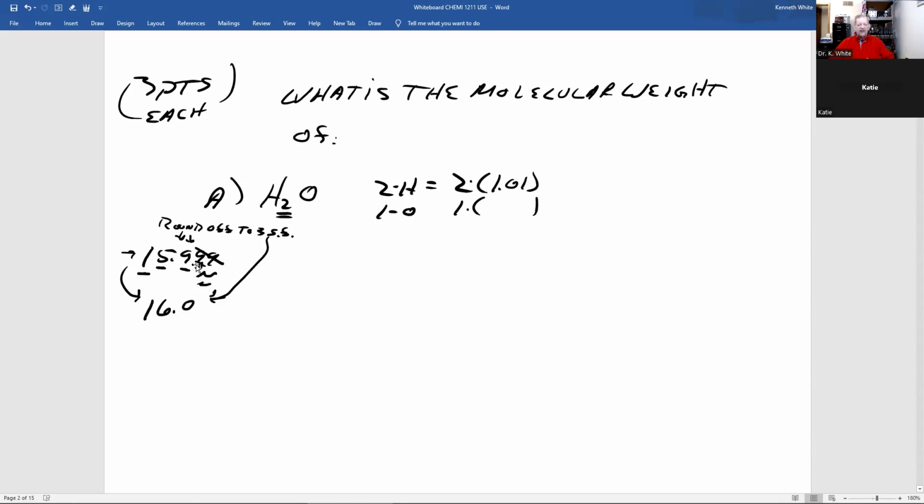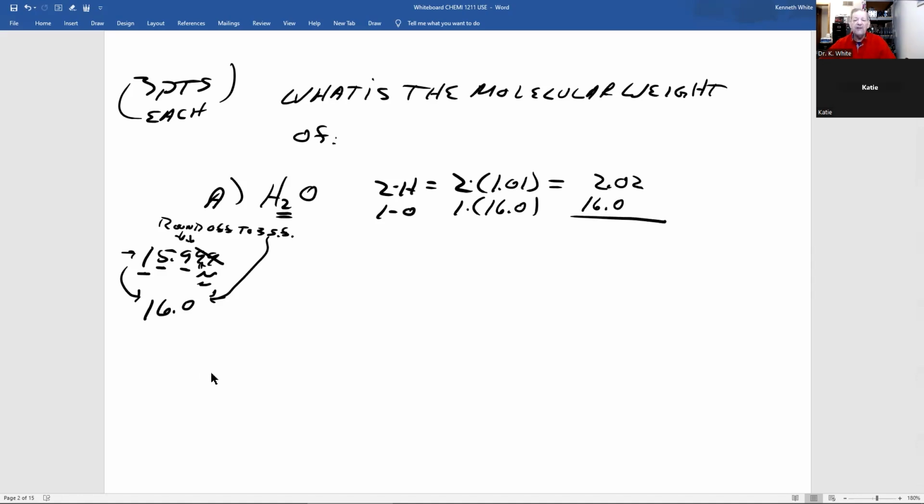That's 5 or higher. I'll drop that. And the 9 after the 5, I'll keep, but I'll increase by 1. I get 1.0 added to 15, and the correct number is 16.0. Do the math. And here, this is 16.0.